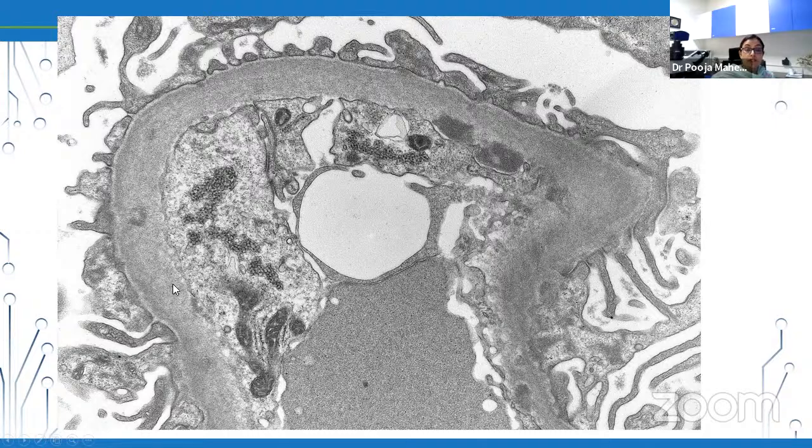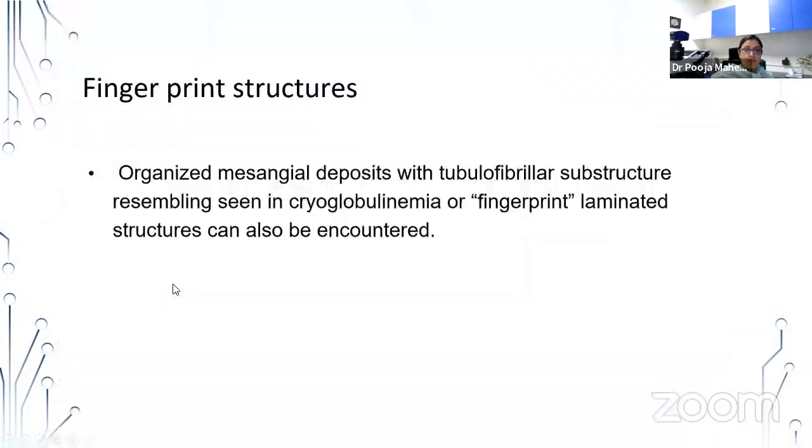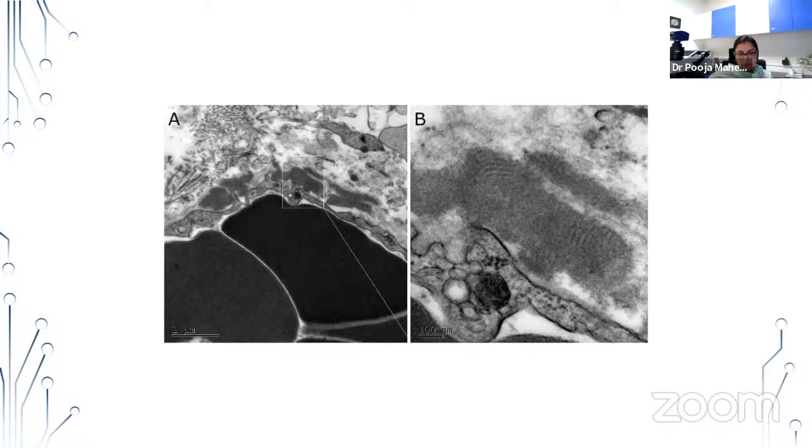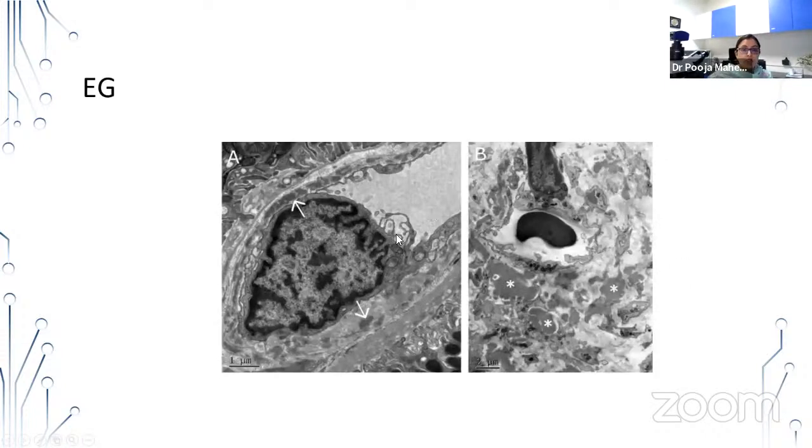This is not specific for SLE. This can be seen in other diseases. And sometimes we can see fingerprint structures. They are organized mesangial deposits with tubulofibrillar substructure. I'll just show you the picture. And sometimes on EM, you can see extraglomerular deposits in the form of electron dense deposits. This is a PTC and these are immune deposits.